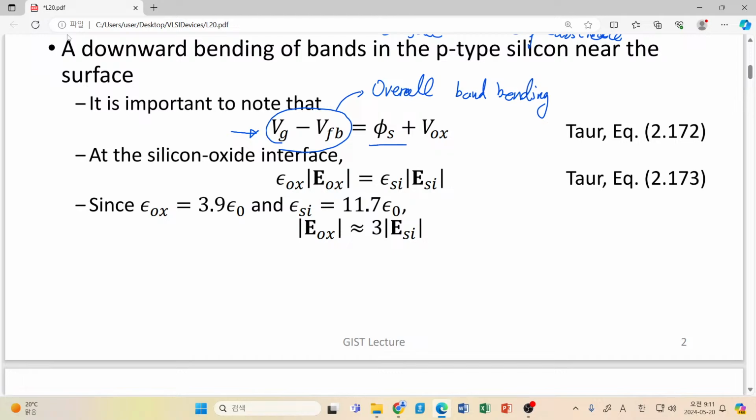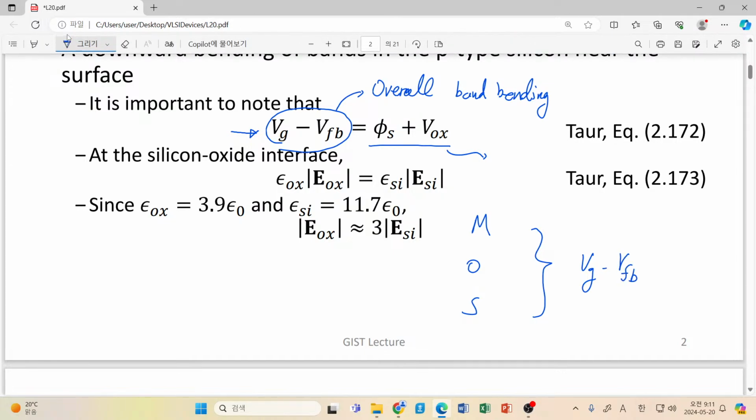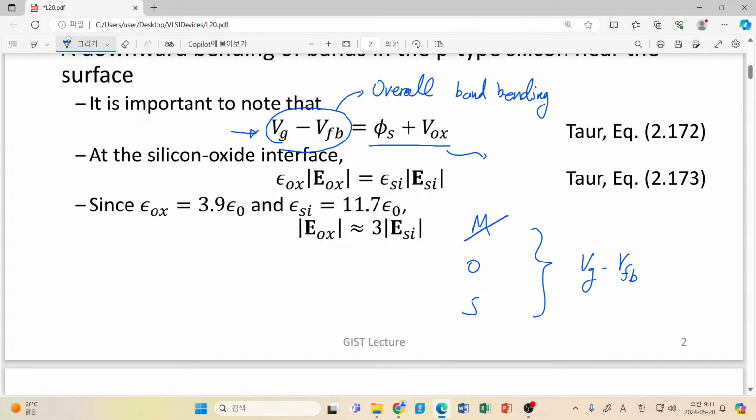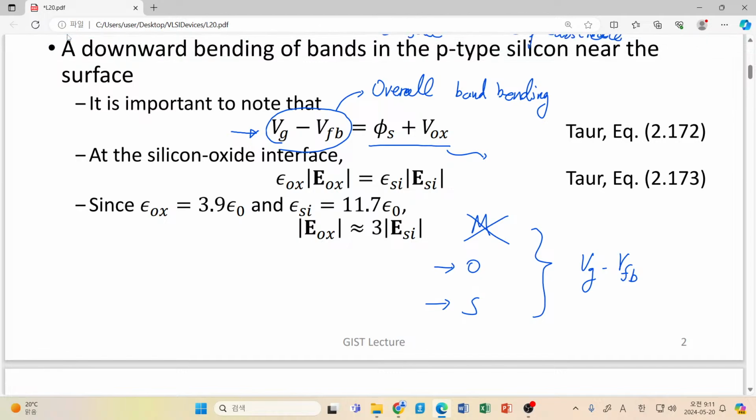Since we have three components, metal, oxide, and semiconductor, between them we have Vg minus Vfb. However, the metal has a really negligible voltage drop, so it does not play any role in this voltage division, and only two parts, oxide and semiconductor, compete to take this voltage.